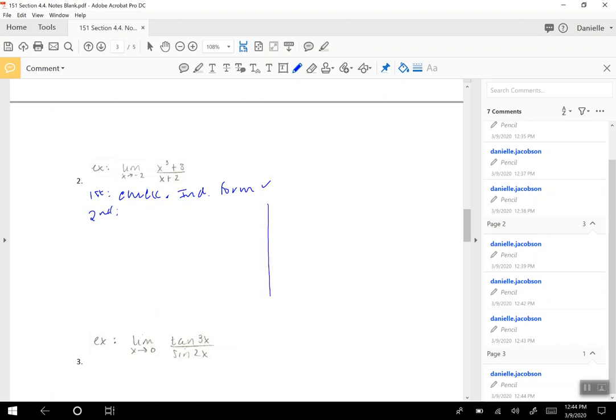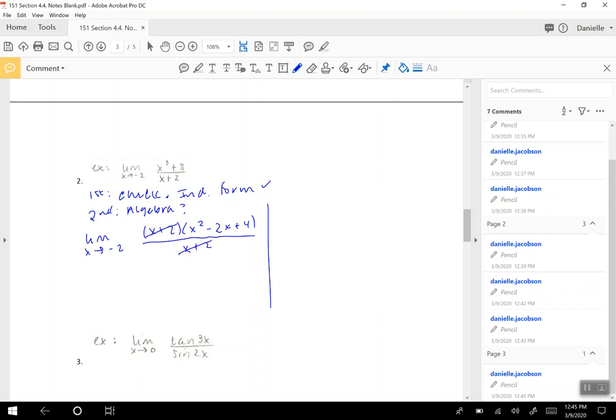So let's see, if we use algebra, I think it's going to get us somewhere. So we have the limit as x goes to -2. Okay, the top is the sum of cubes. So if you remember this, you could factor the top into x plus 2 times x squared minus 2x plus 4 all over x plus 2.